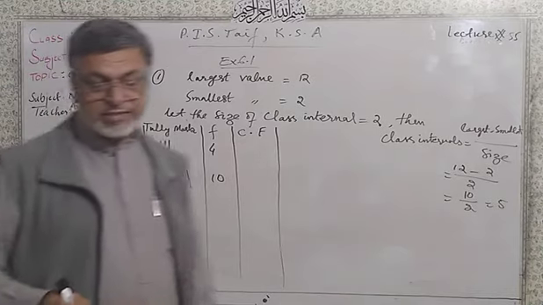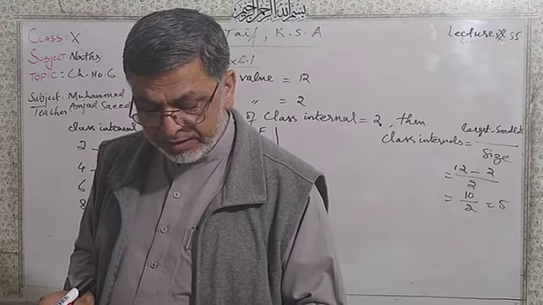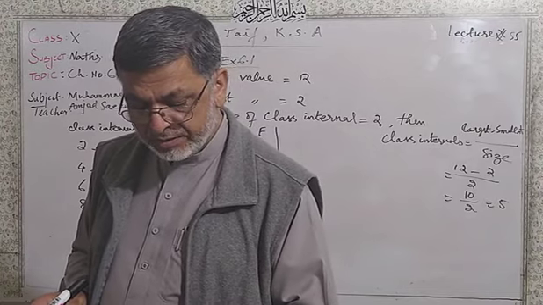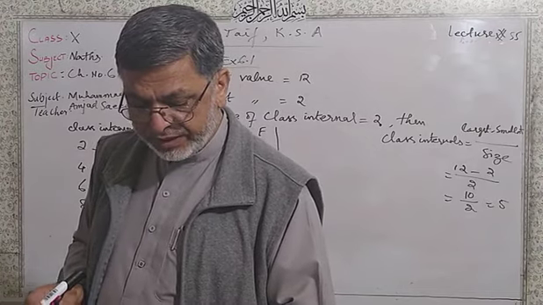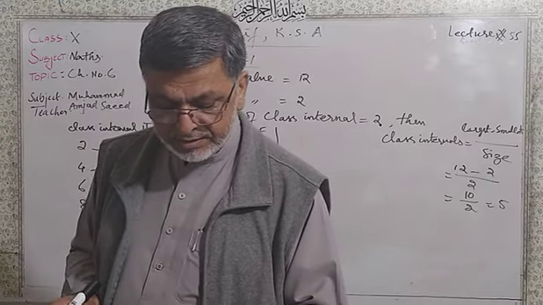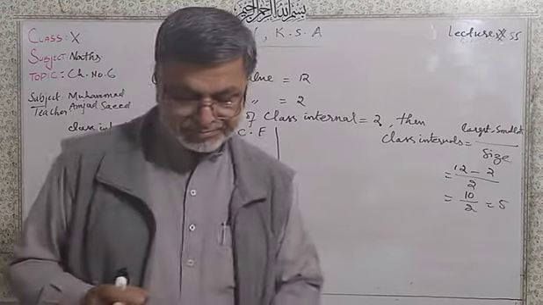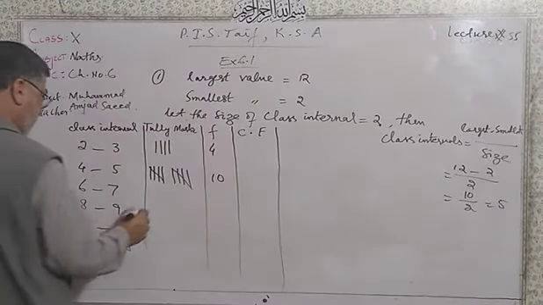Then 6 to 7. We will check 6 to 7. 1, 2, 3, 4, 5, 6, 7, 8 and 9. There are 9 values from 6 to 7.